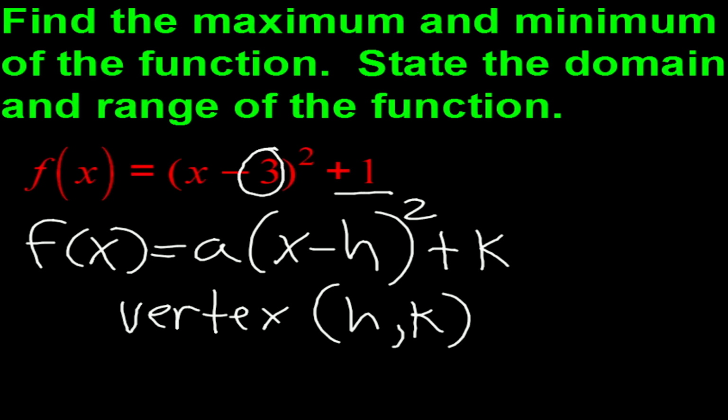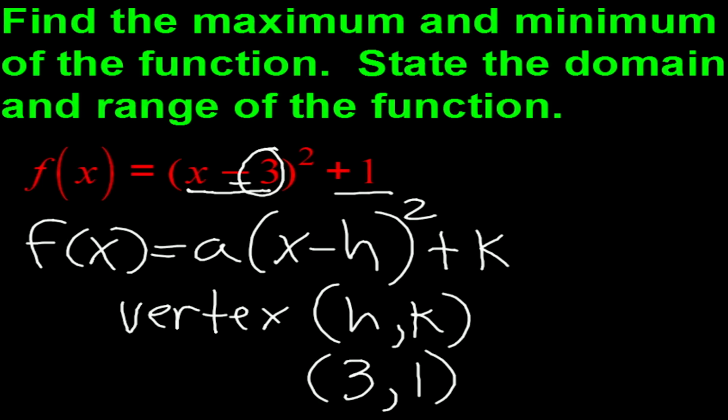But one thing we have to remember, on the inside it shows a negative 3, but we have to flip the sign on the h whenever we do this. So our vertex is going to be at positive 3, and k, we don't change the sign on it. We leave it the way it is, so it's a positive 1. So my vertex is at (3, 1).